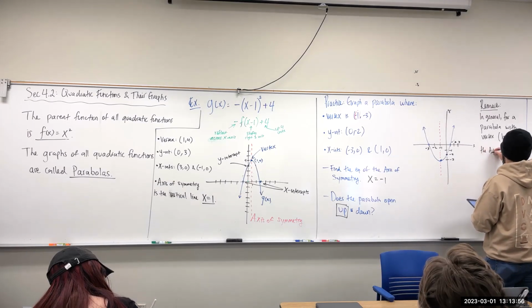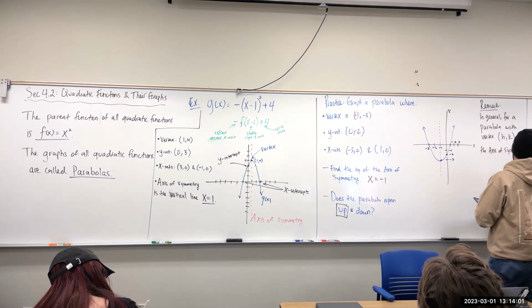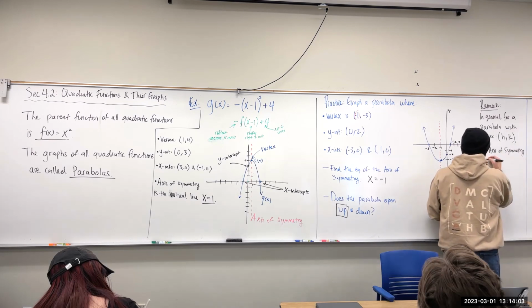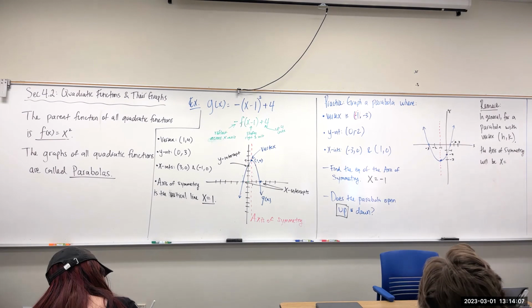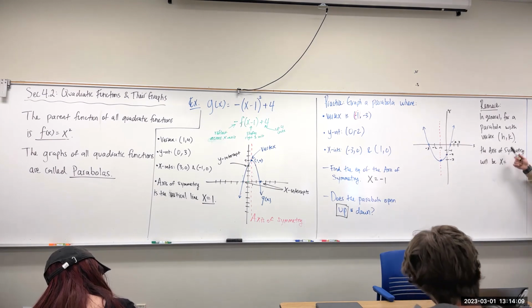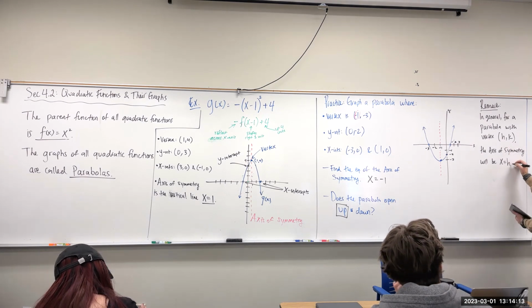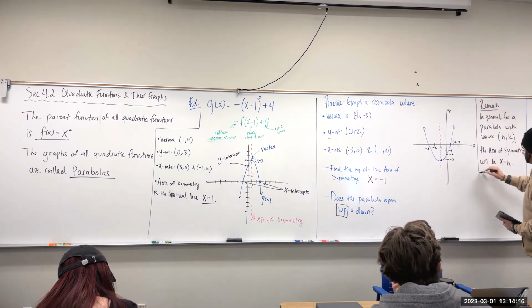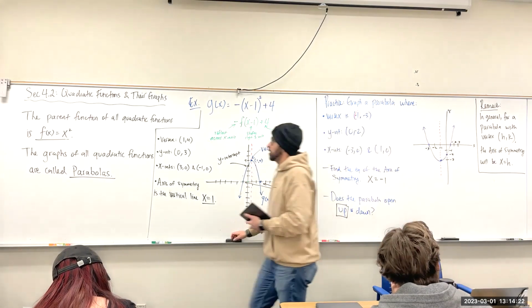The axis of symmetry will be, in this case, x equals what? X equals the x coordinate of the vertex, h in this case. So that's a nice little fact to help you out there. Yeah, so those will be matching.